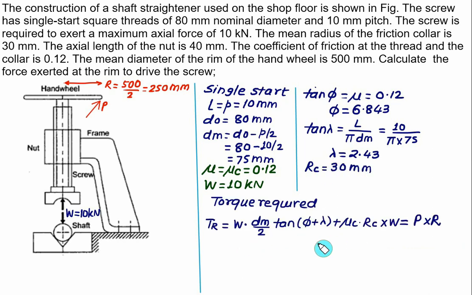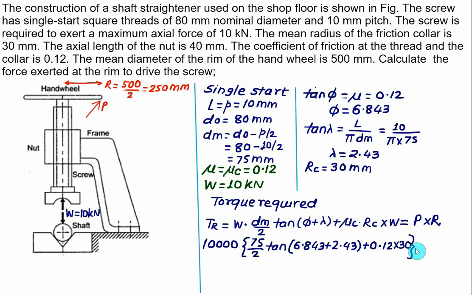So this equation is sufficient to find out how much force we should exert at the rim to drive the screw. W can be taken common, and we have W equal to 10 kilonewton, that is 10,000. dm by 2, we have dm as 75 divided by 2, into tan of the friction angle phi, 6.843, plus the lead angle lambda, 2.43, plus we have mu c, that is 0.12, times the radius of the collar, equal to 30.